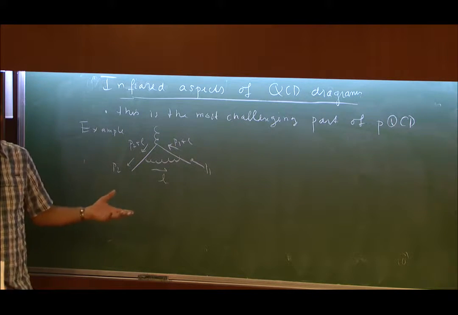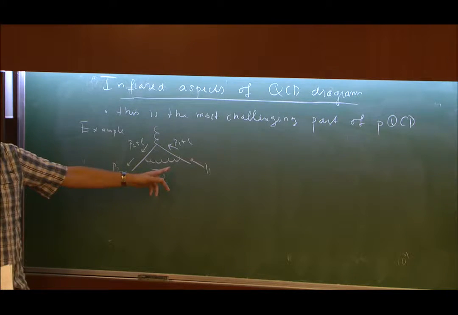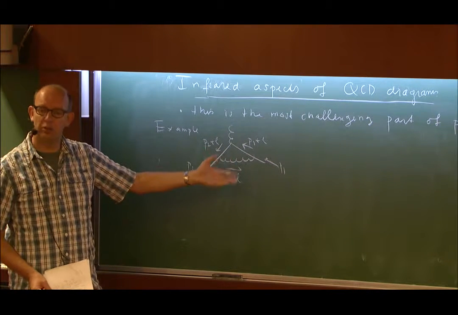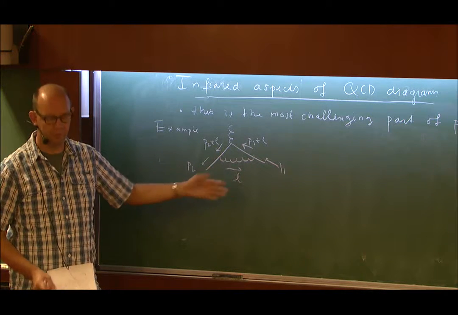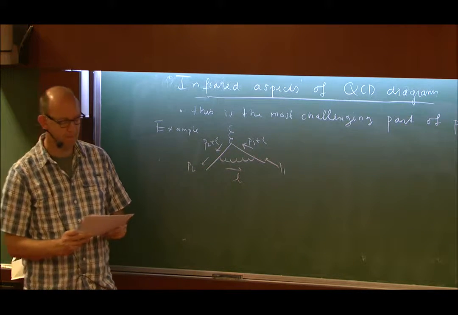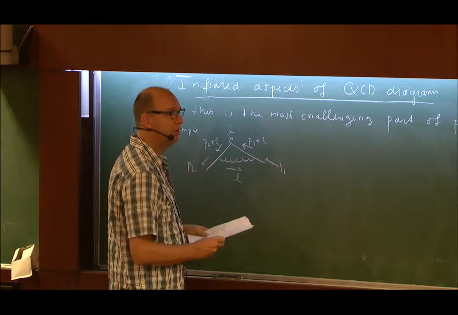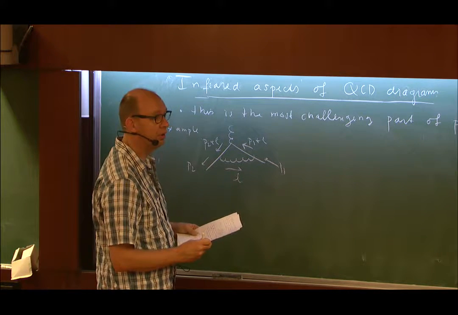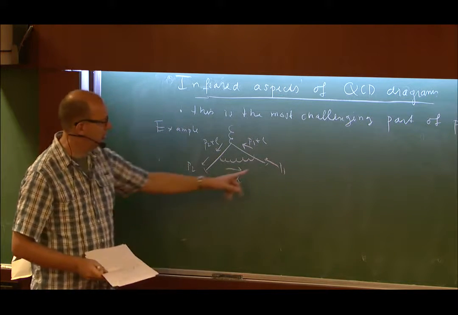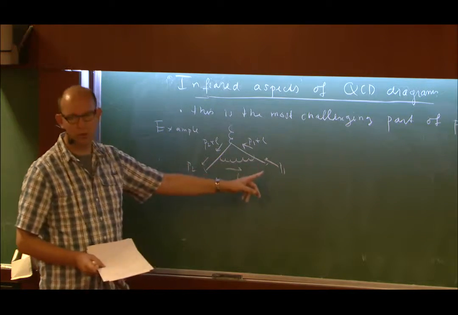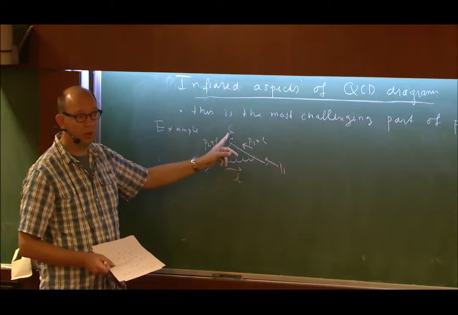Before, we looked at what happens when L goes to infinity. Now let's look at what happens when L mu, all 4 components, goes to 0. The external momenta are on shell. The fermion lines are on shell, not the gluon line, but the fermion lines.